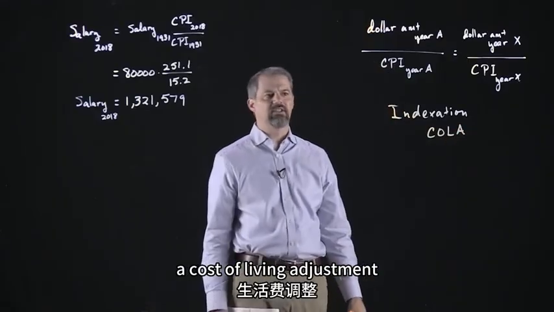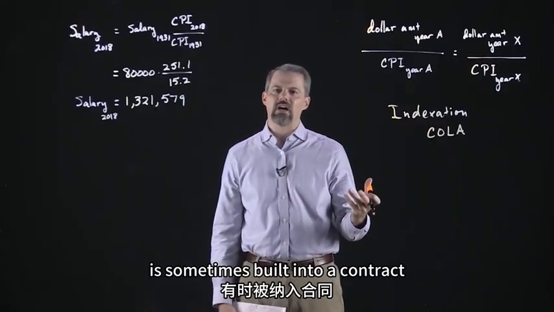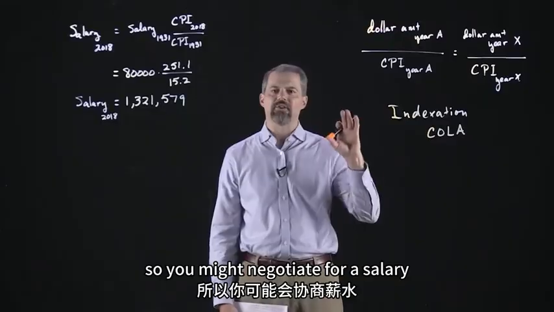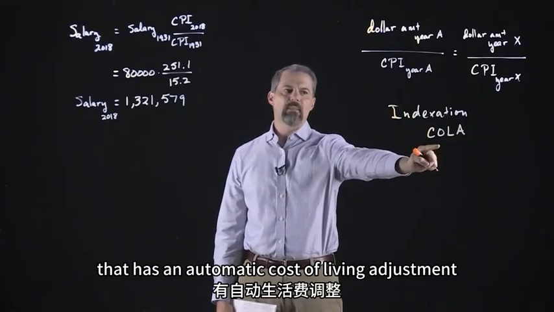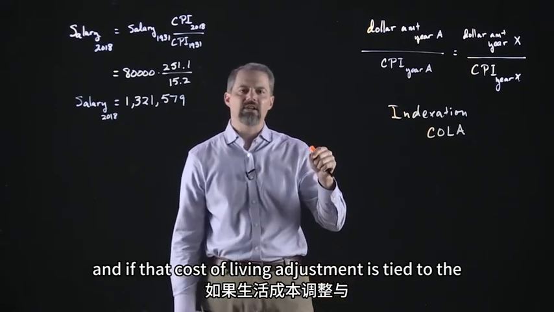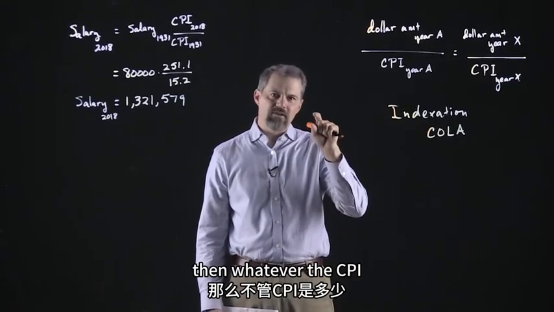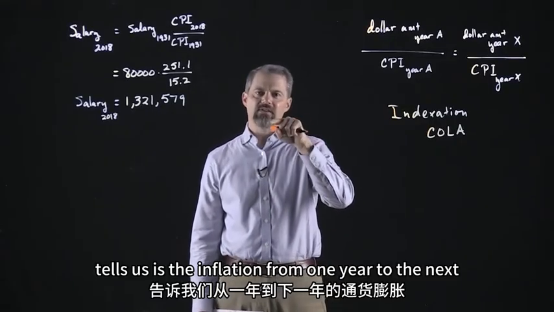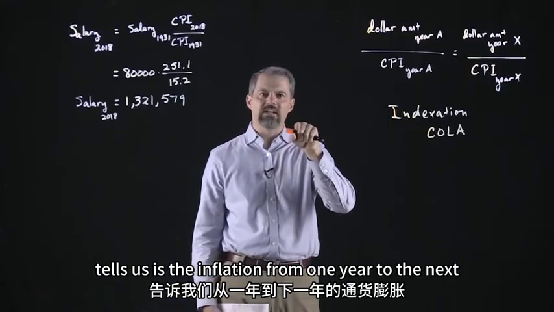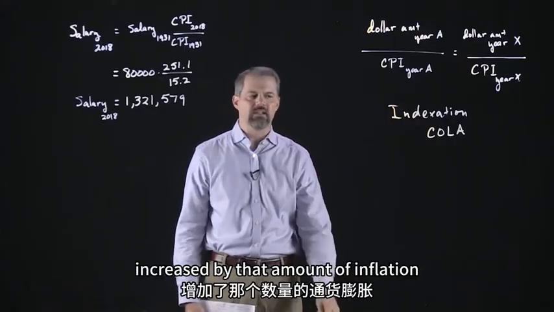A cost of living adjustment is sometimes built into a contract. So you might negotiate for a salary that has an automatic cost of living adjustment. And if that adjustment is tied to the CPI, then whatever the CPI tells us is the inflation from one year to the next, your salary would be automatically increased by that amount.